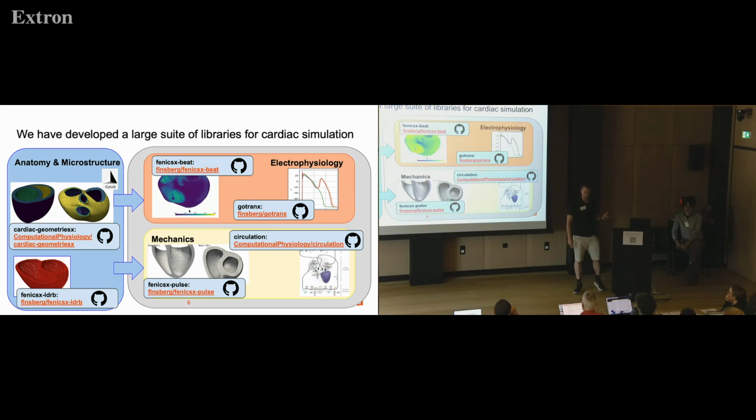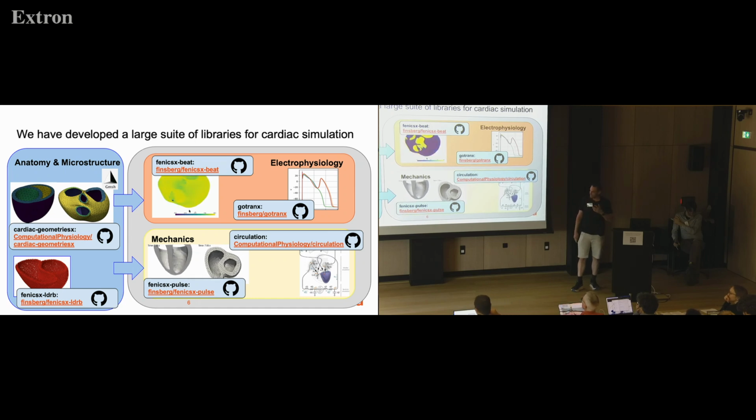We also have a large number of packages for simulating the heart. Some of them are listed here. For creating geometries, we have the cardiac-geometries package, or cardiac-geometries-x. That's what we do now, add an X to the end of the package when we have a new version.